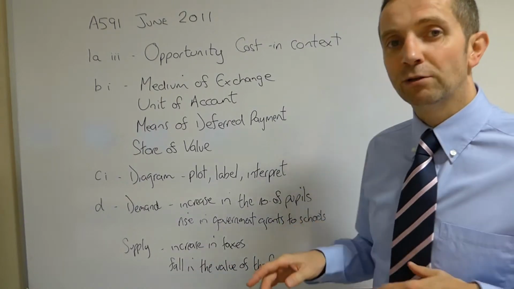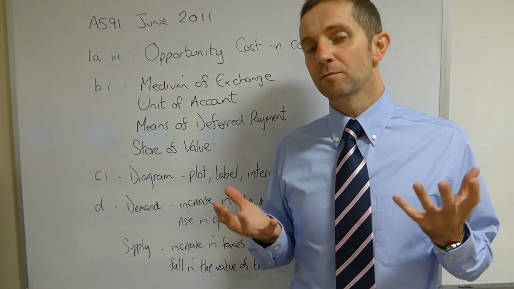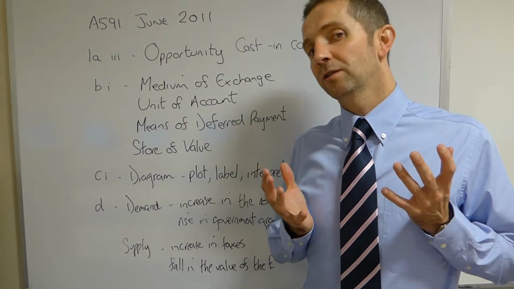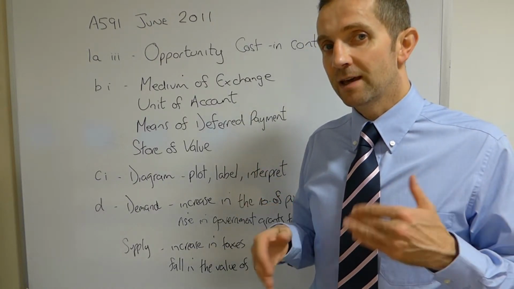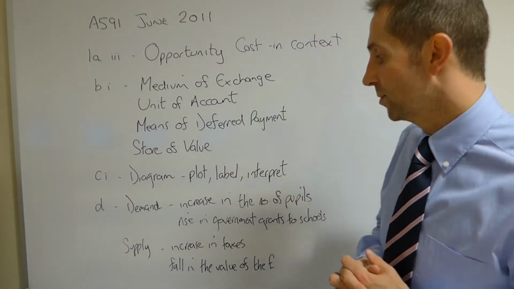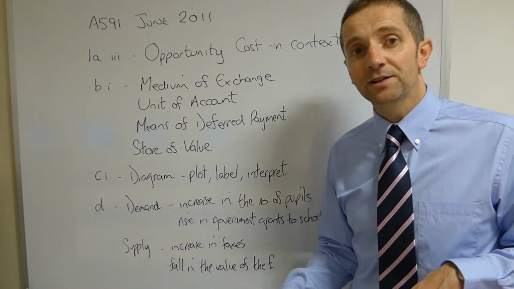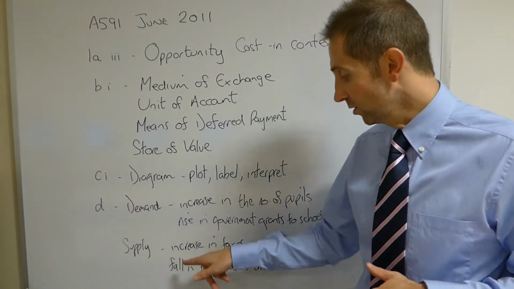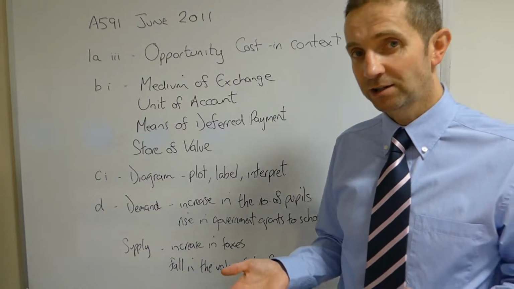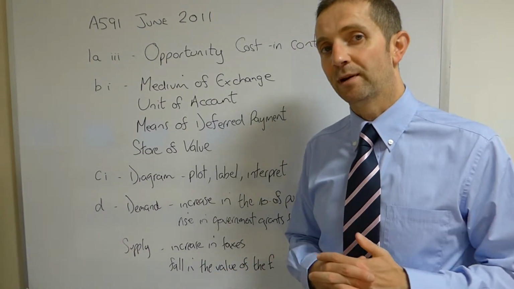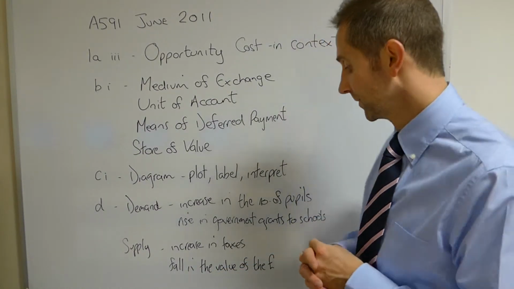A rise in government grants for schools: if governments had more expenditure available to them, then the demand for desks would go up. On the supply side, you could, as many of you did, talk about an increase in indirect taxes, for example, pushing up the price of the classroom desk.